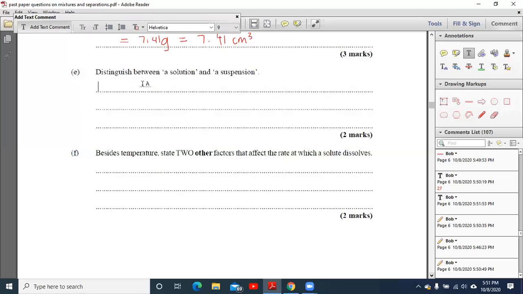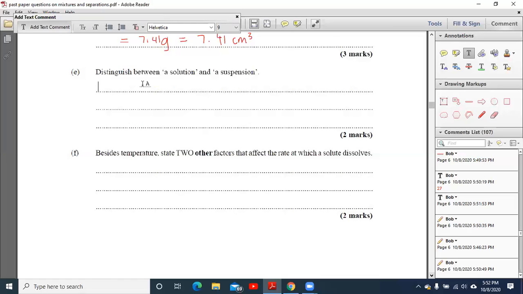So we want to talk about the distinguishing factors. We want to talk about the particle size, which is different between solution and suspension. It is smaller in a solution than a suspension. We want to talk about the fact that a solution dissolves in water and a suspension doesn't.